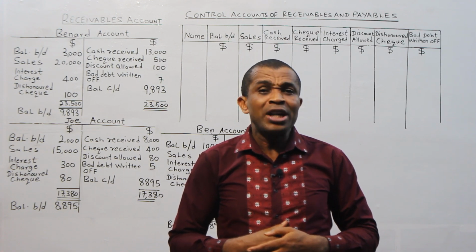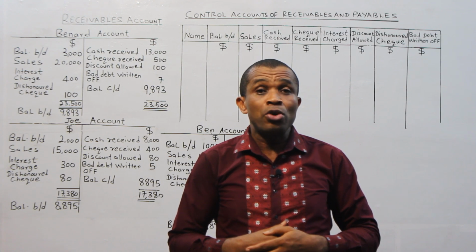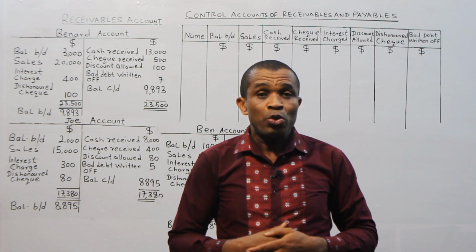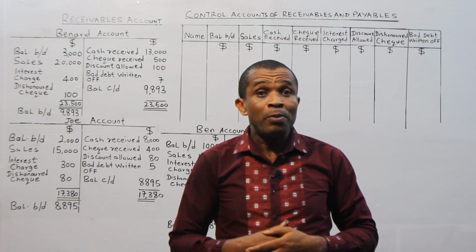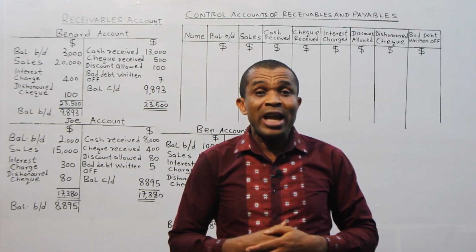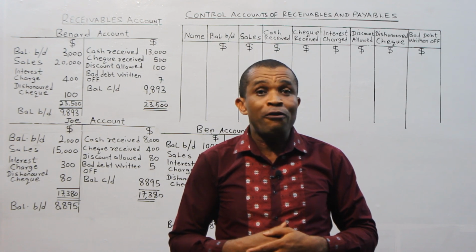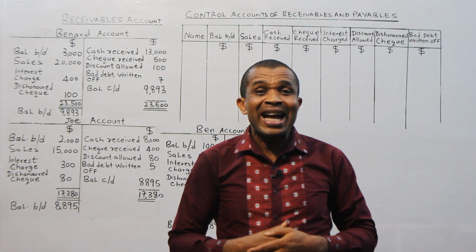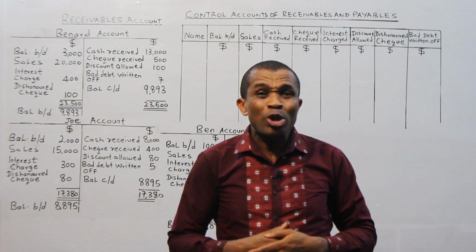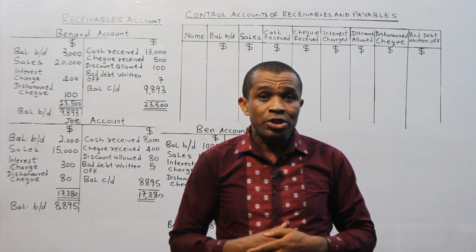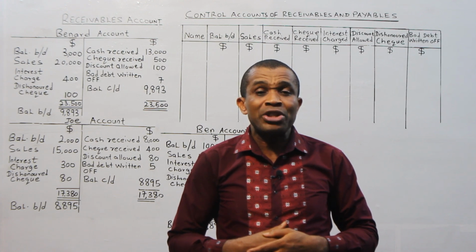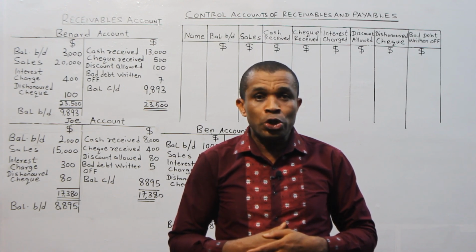However, before this total receivable control account can be prepared, an analysis will be made in form of a table to be able to ascertain or find out the total sales, the total cash received, the total check received, the total check dishonored, the total interest charge, the total bad debt written off, and so on.